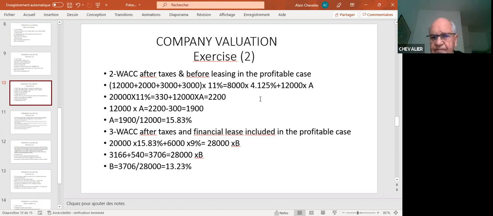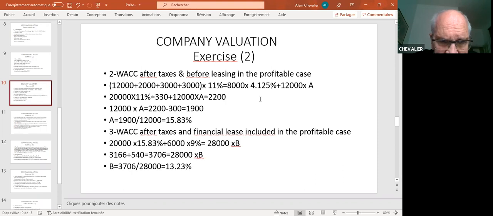So the idea, which is simple, is that this financial lease is for 6,000, and the cost of this financial lease is 9%. So what we have is the weighted average cost of capital before leasing contract in the profitable case and after taxes, which is 15.83. This is what we have calculated before.